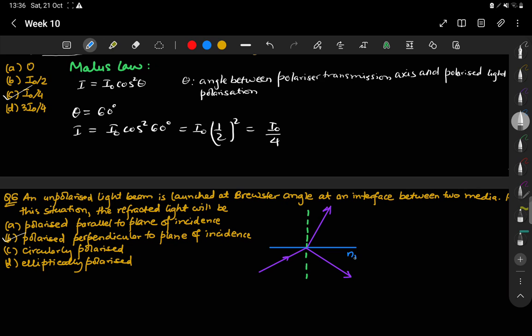At the interface, this is refractive index n1, this is refractive index n2. When we send in unpolarized light, and if this incident angle is the Brewster's angle theta p, then the reflected light is polarized and the refracted light is partially polarized.